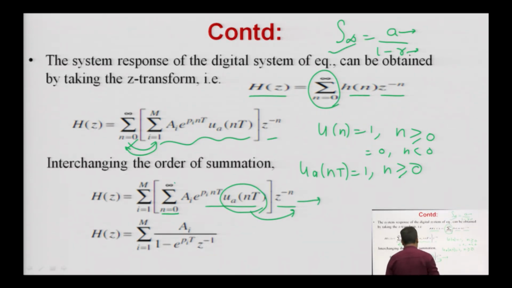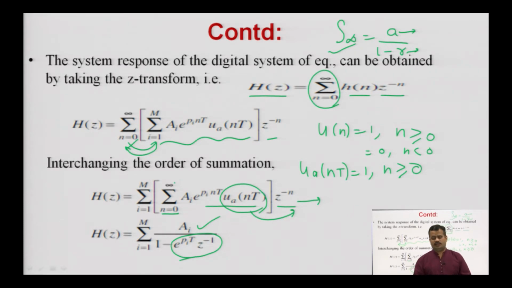By this formula, a upon 1 minus r, here a is a_i, and r will be this one. If you open this, because it is a numerical paper, you have to solve more and more examples and derivations, then it will be easy for you. So, if you open this and put the value of small n, you will form a GP, and after getting the GP, if you apply the formula of the infinite GP series, it will be a upon 1 minus r.